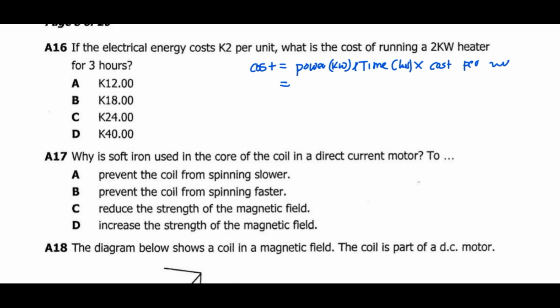Power is already in kilowatts, so we just do the substitution. 2 times 3 hours, times 2 kwacha. So 2 times 3, 6, times 2, the answer is 12 kwacha, which is A.